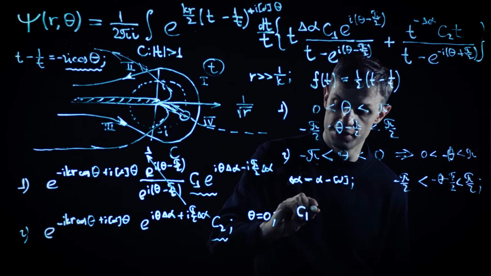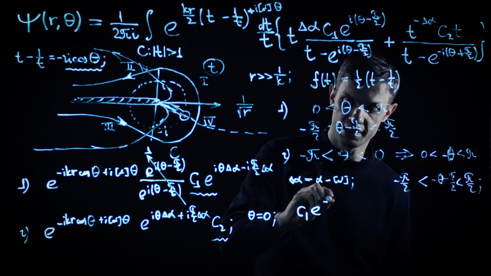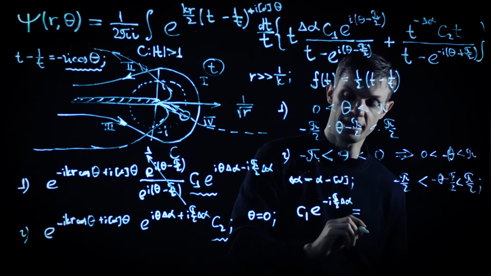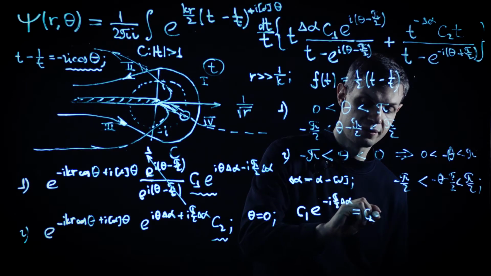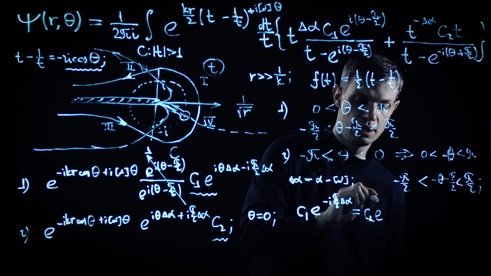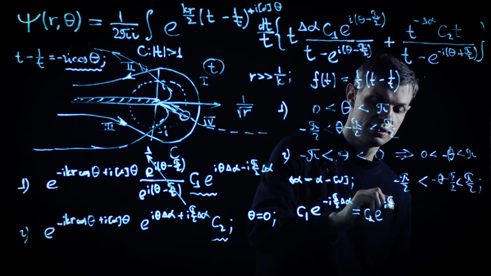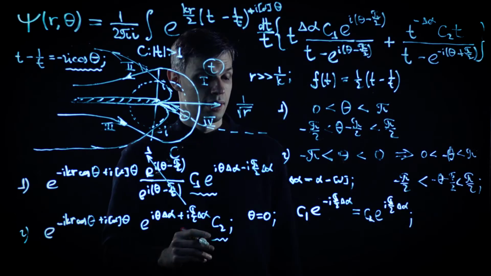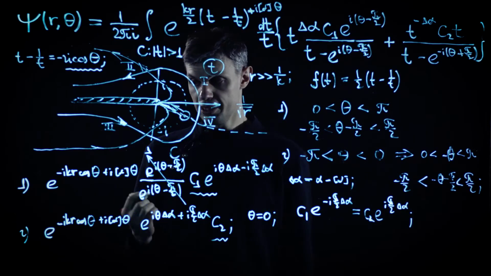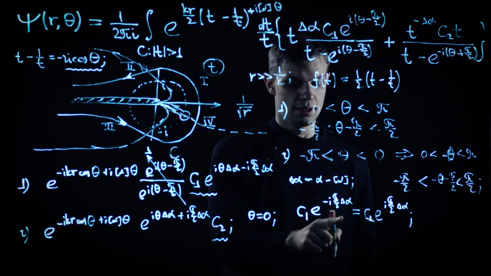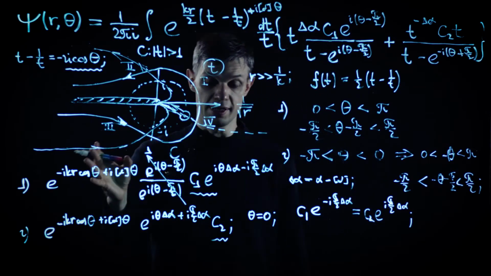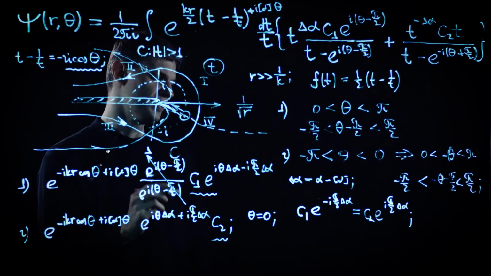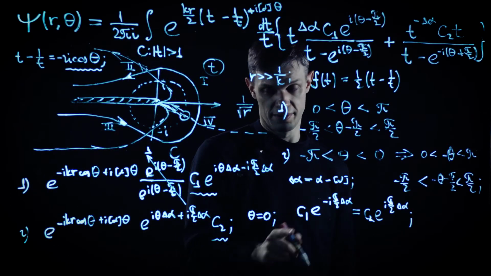So C1 times e to minus I pi by 2 delta alpha must simply be equal to C2 times e to I pi by 2 times delta alpha with plus sign. Right. And finally, if we impose this condition, then these two functions will coincide. But we actually want to fix even the C1 constant, so both of them.